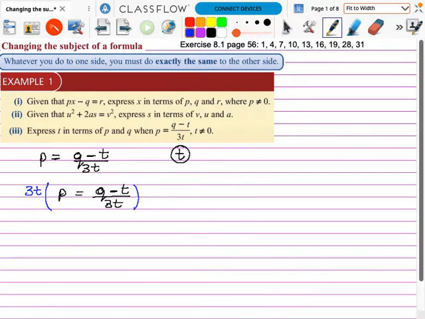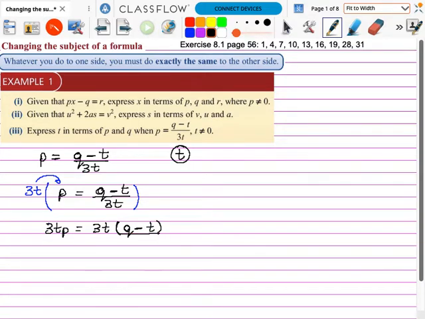So you haven't seen this in a while, but it's the arrow method. So it's going to be 3t on p. So it's 3tp equals 3t on. Now, because it's a double item, we have got to introduce brackets, because it's 3t on q minus t. And you have to introduce brackets.